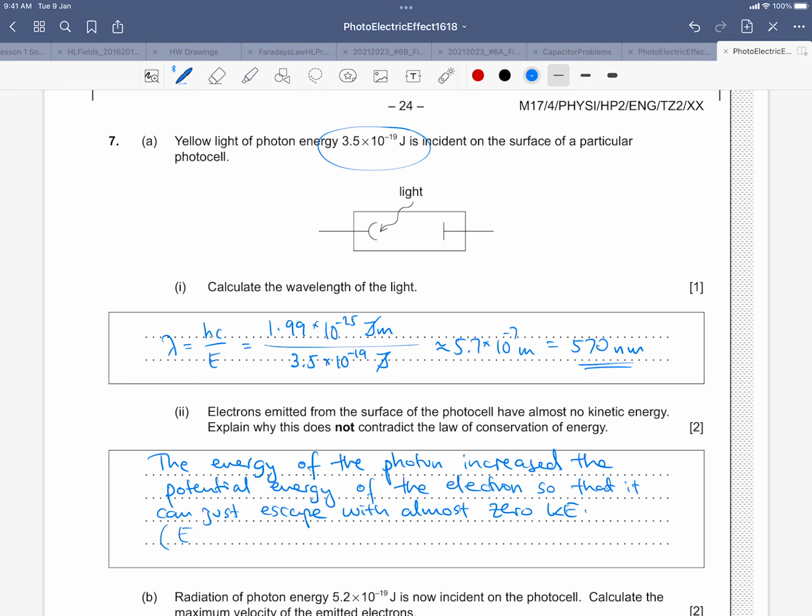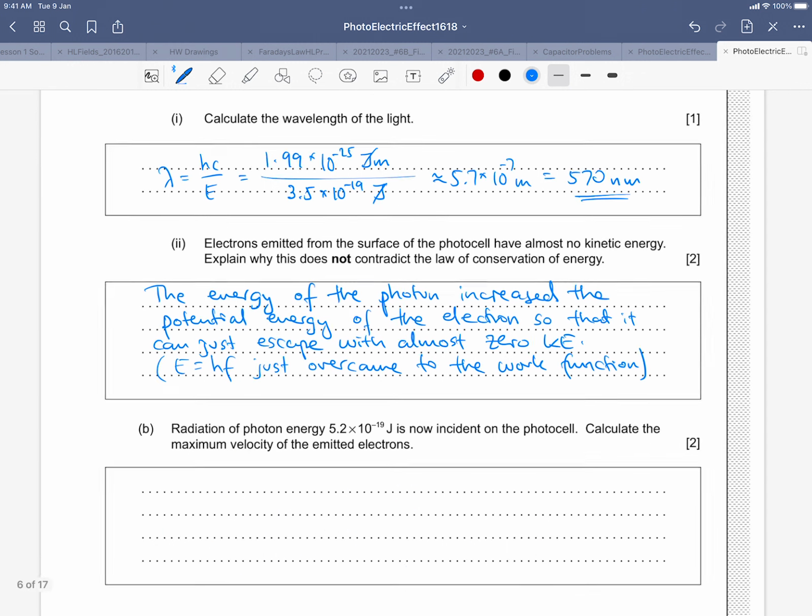So just to emphasize again, the hf just overcame, or was just equal to, the work function. Okay.